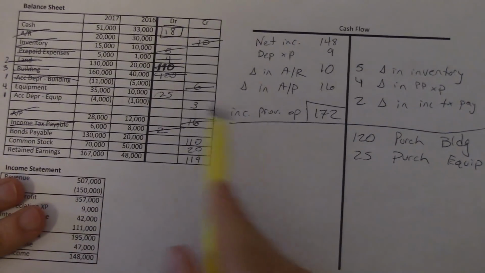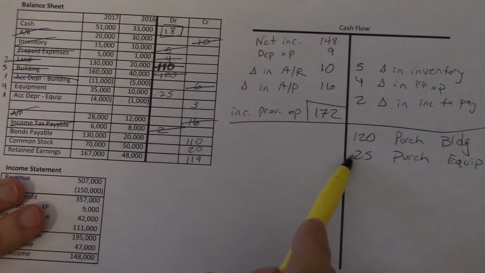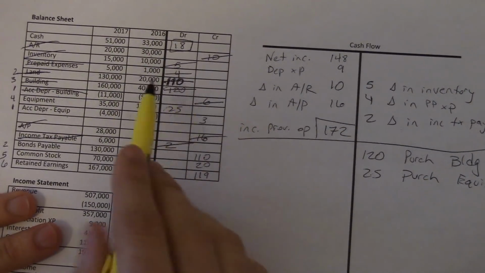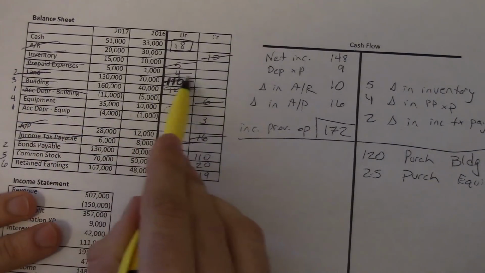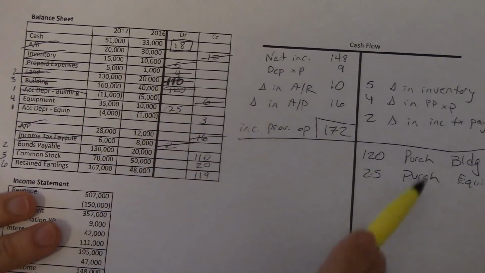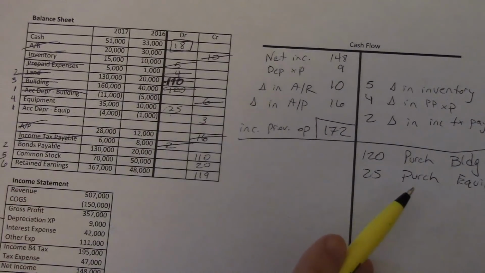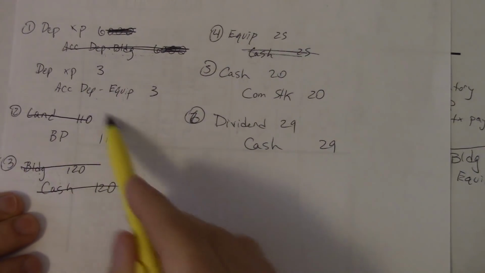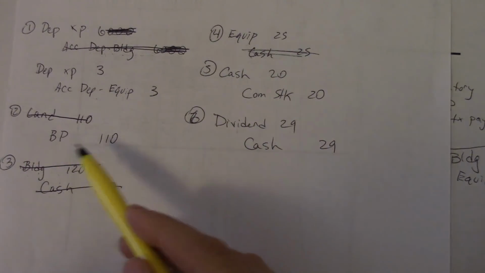That's true. In this case, it worked out easy, but in some cases, it won't always be like that. And we've already experienced that with the land, right? The land had a debit of 110. We never credited 110 here because the journal entry did not involve cash at all.